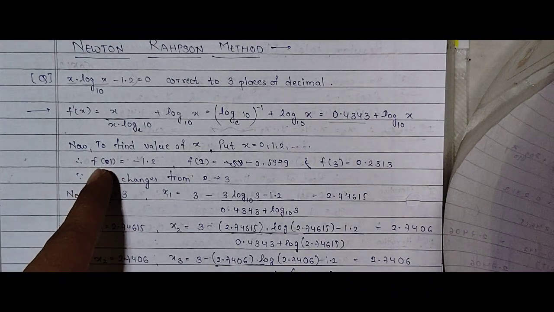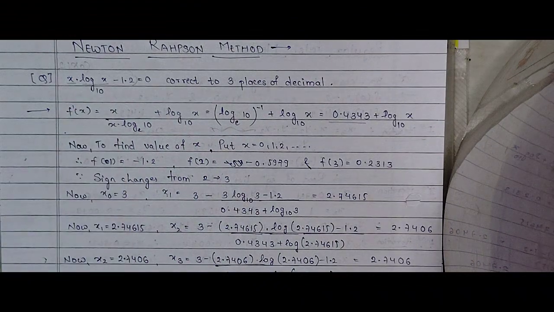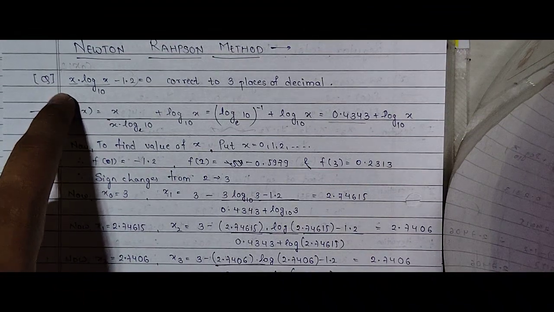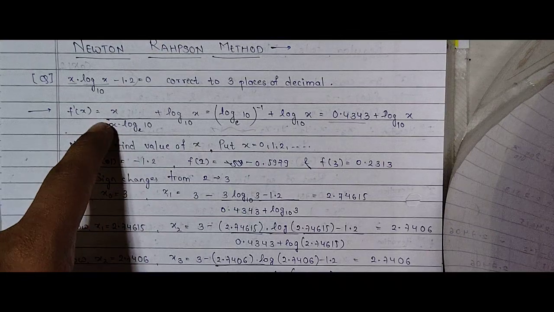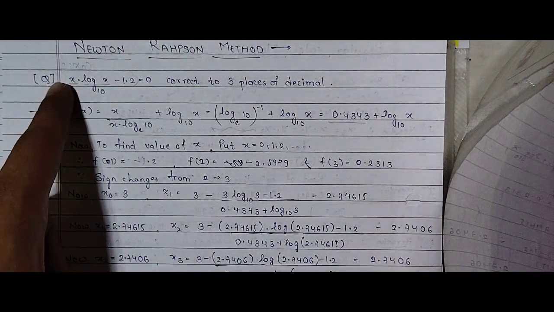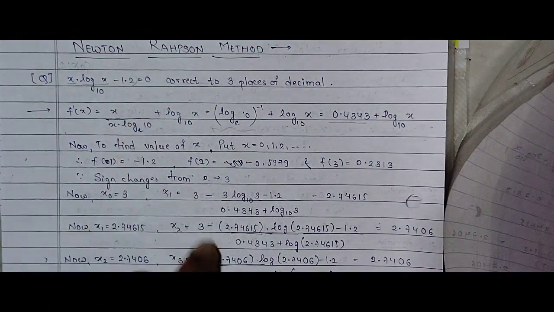So when I substitute here as f of 1, where do you have to substitute the 1, in the derivative or in the given function? Please remember, you don't have to substitute these values here. You have to substitute those values in the given function. So we will be substituting the 1 here, not here.